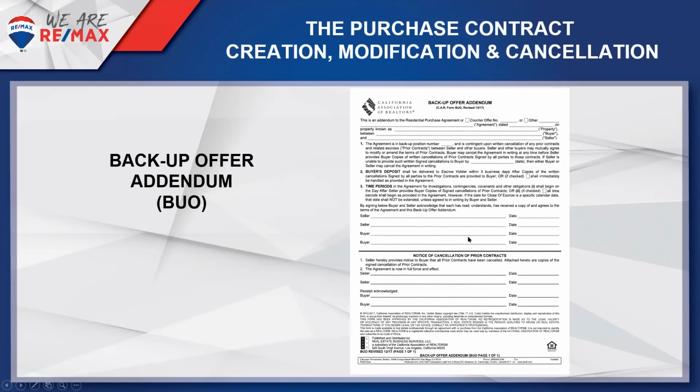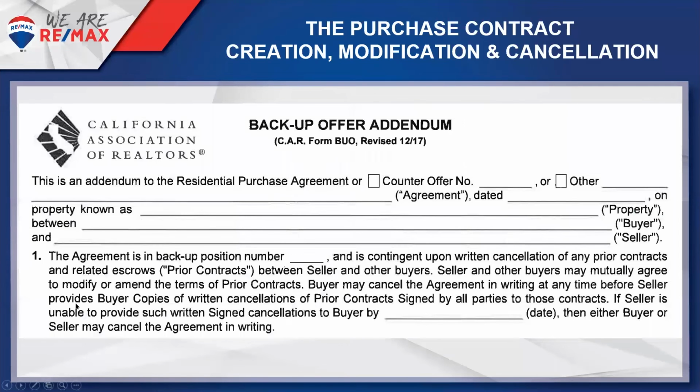So when you don't have a clean cancellation and you want to move forward with a backup offer, you can accept another offer contingent upon the successful cancellation of a prior offer. And now, if the prior offer prevails, you can cleanly cancel this offer.